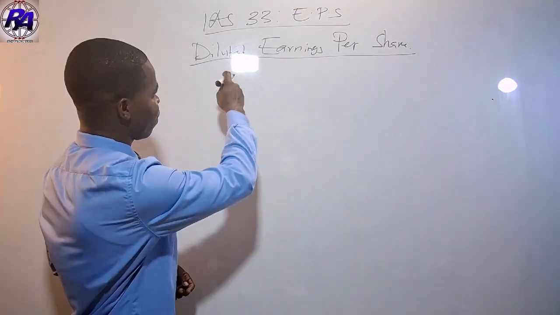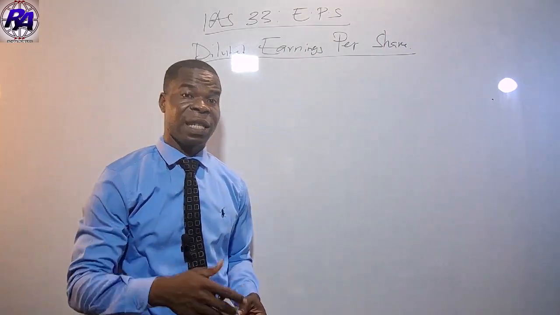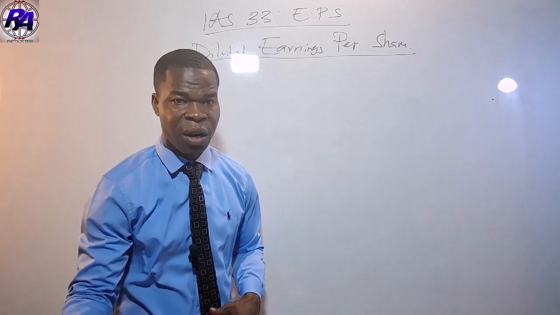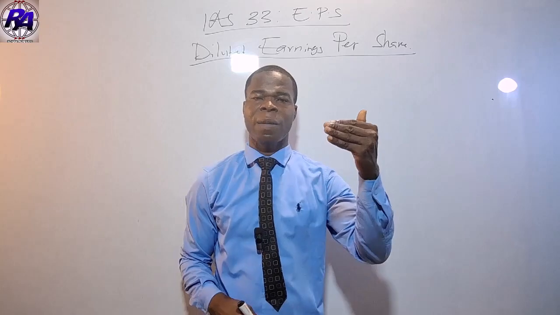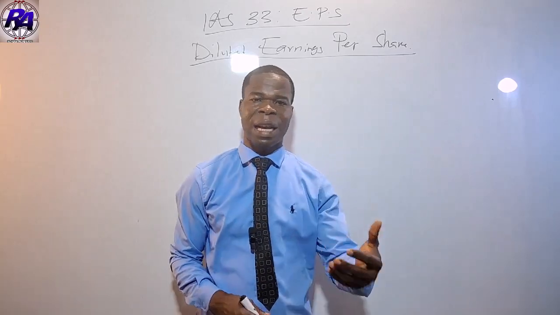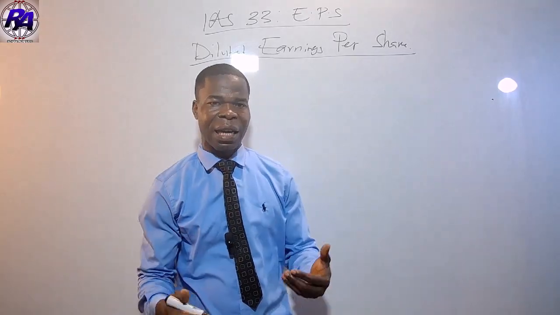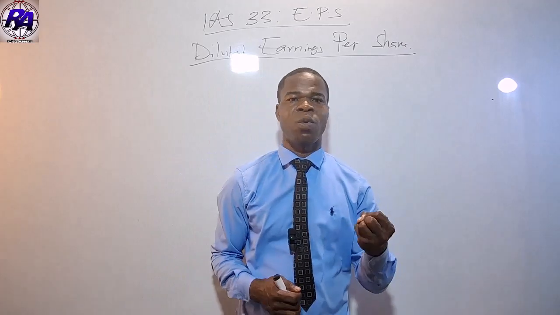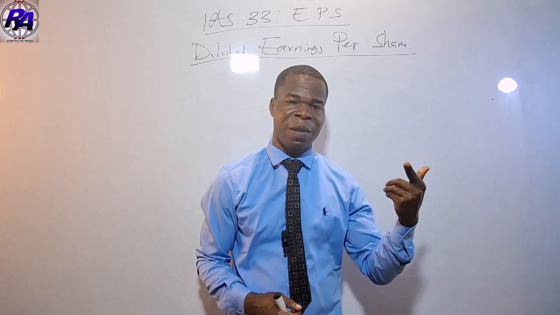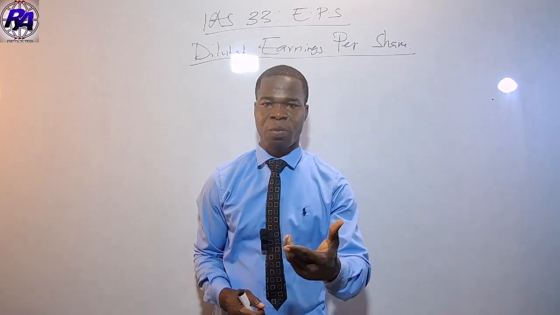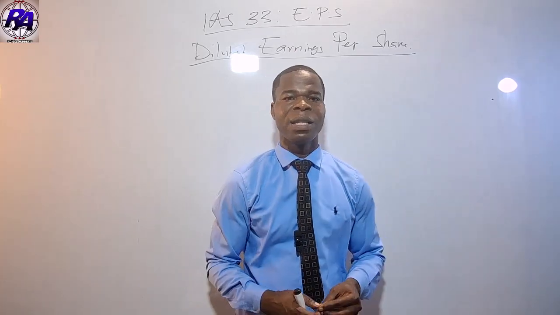Now, what is diluted earnings per share? We already looked at basic earnings per share to be the general earnings per share. Now, when you talk about diluted, it's like you have a thick water, like muddy water, or you've prepared some stew or soup and it's very thick and you want to make it light.